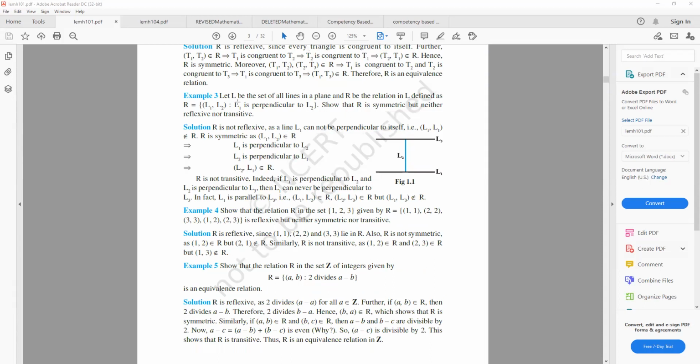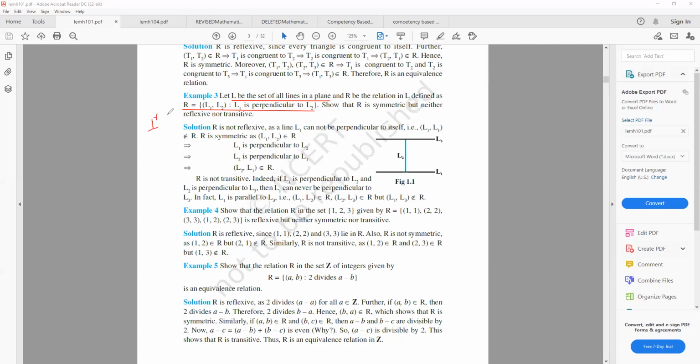This is like a set of all lines. A relation is like this. सभी ऑर्डर्ड पेयर्स सच दैट L1 L2 रिलेशन में आएगा और L1 is related to L2 if L1 is perpendicular to L2. So relation is perpendicular to.